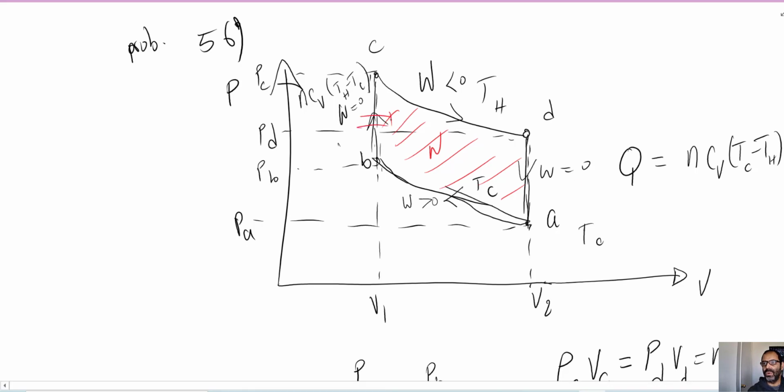So this is part of QH, not all of QH, because there is another QH in here too. So both of them will add up to the QH. So it's this value added to that value.